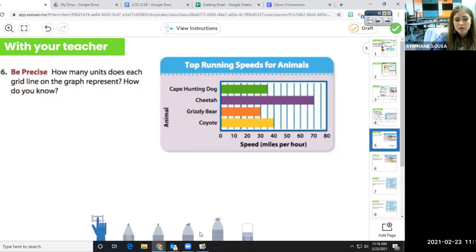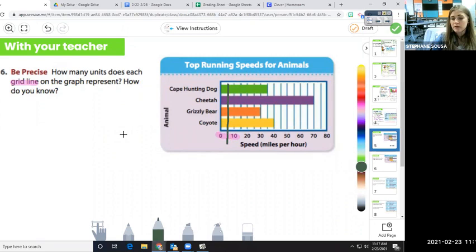Now, some of y'all are saying, oh, it equals 10 because look, they're counting by tens. And I'm so happy that you are using the scale, but this does not ask what is the scale. It asks what are the grid lines. These grid lines, look, trace one of them. Go in between 0 and 10.